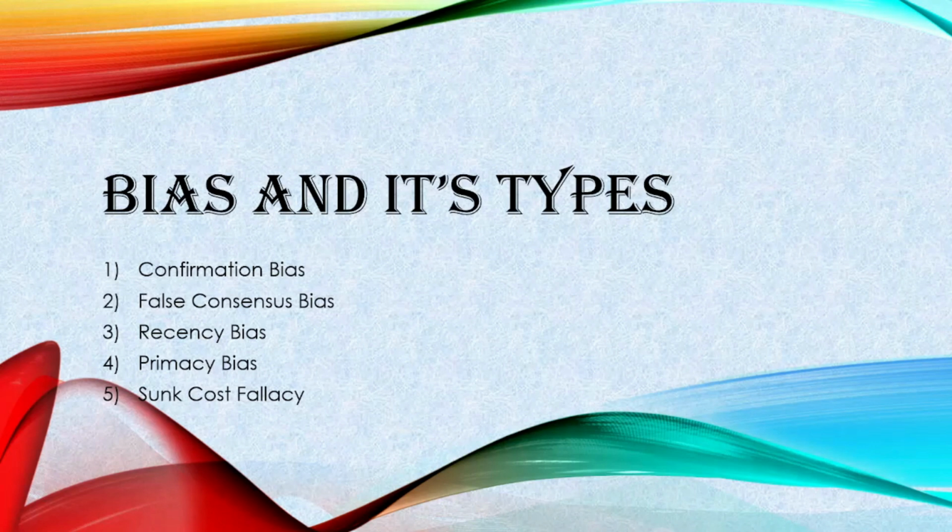Next is recency bias. Recency bias, as the term suggests, is about what's recent. It's easiest to remember the last thing you've heard in an interview or in a conversation, right? Whatever topic you talked about at the end, you're more likely to remember that. You're only able to remember the recent conversation or the recent topic you talked about.